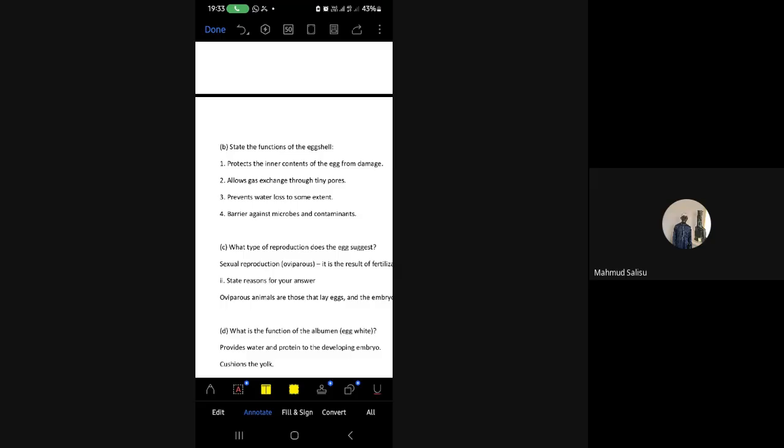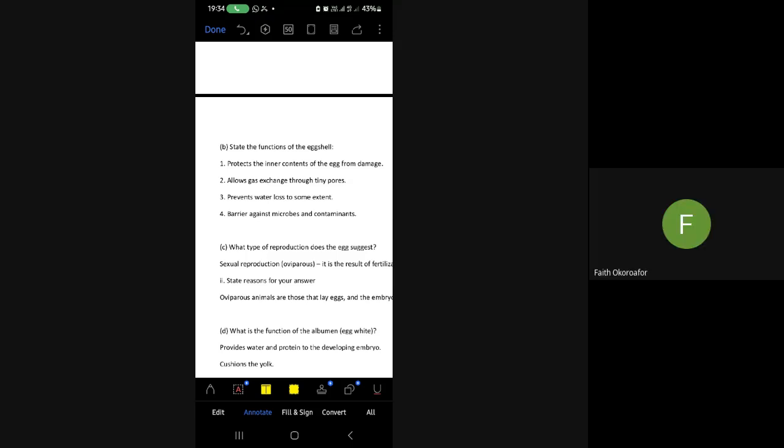Remember that the egg itself is a cell. It's a gamete. The egg is a gamete. Is it a male gamete or female gamete?